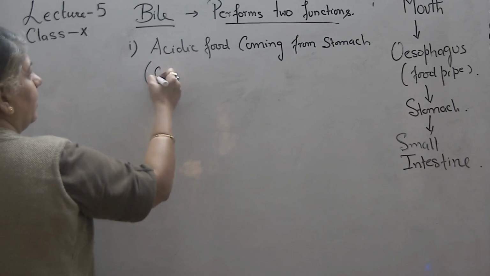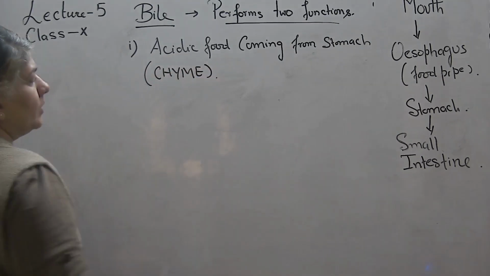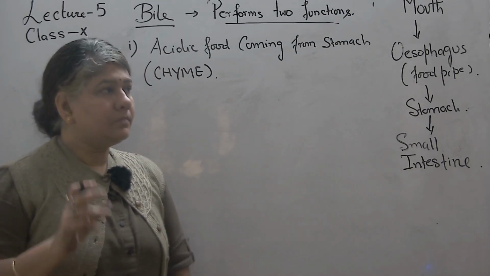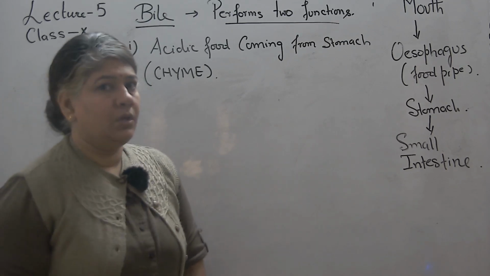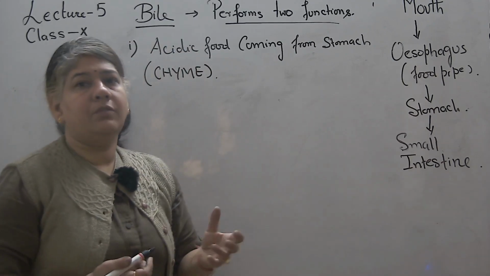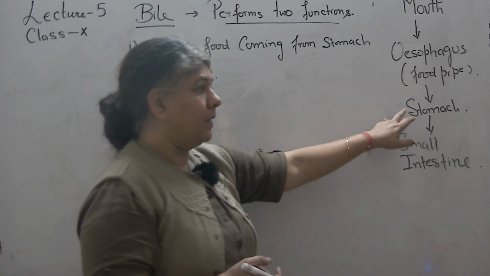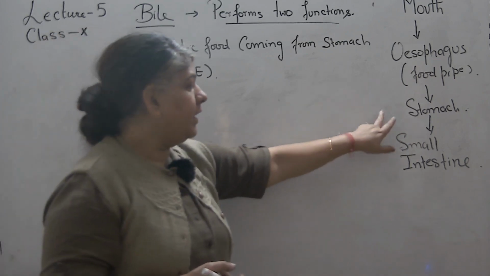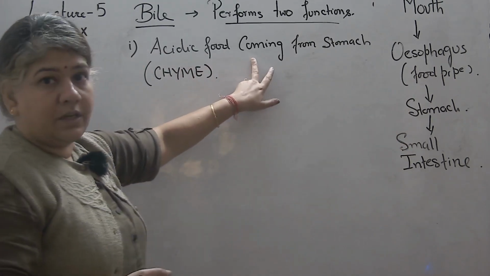If you want, you can write chyme. The food that was swallowed was called bolus. It was mixed with saliva, made into a mass and then swallowed. Now in the stomach, food got churned and was converted into a pulp-like texture. This pulp-like textured food that is acidic in nature is called chyme. So chyme is acidic in nature.